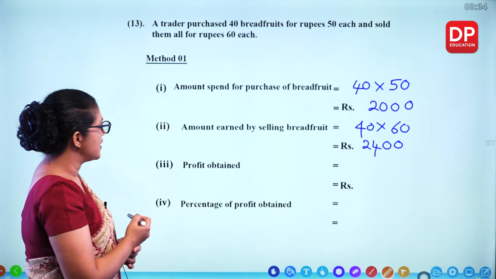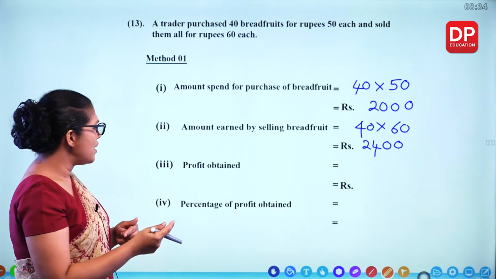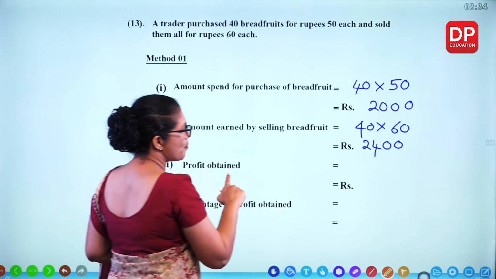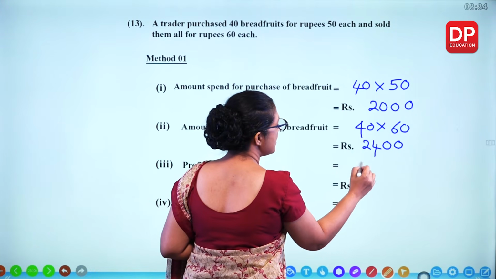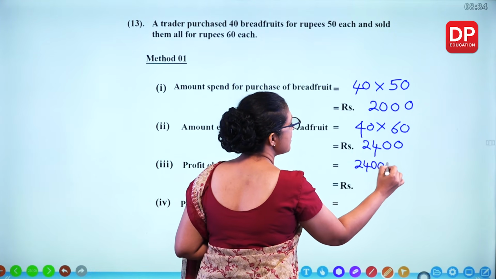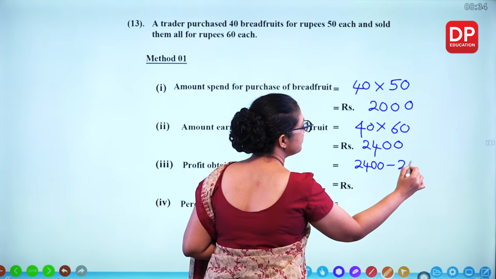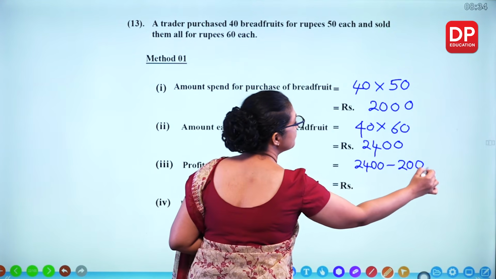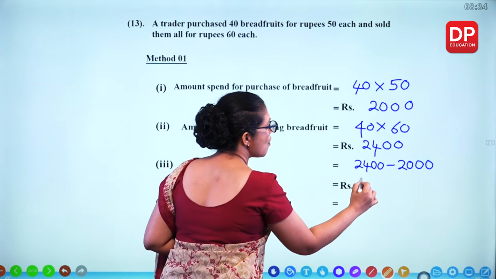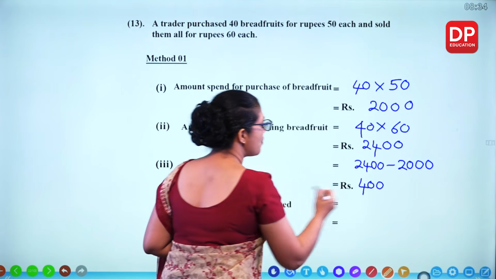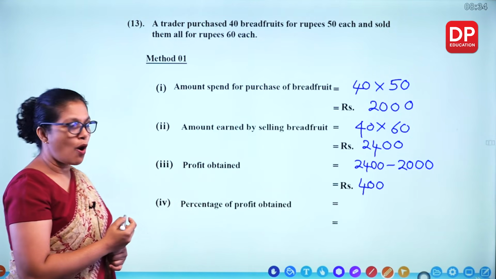2,400 rupees. So now you can find out the profit. Profit is the difference between the selling price and the buying price. You get 400 rupees is the profit obtained.